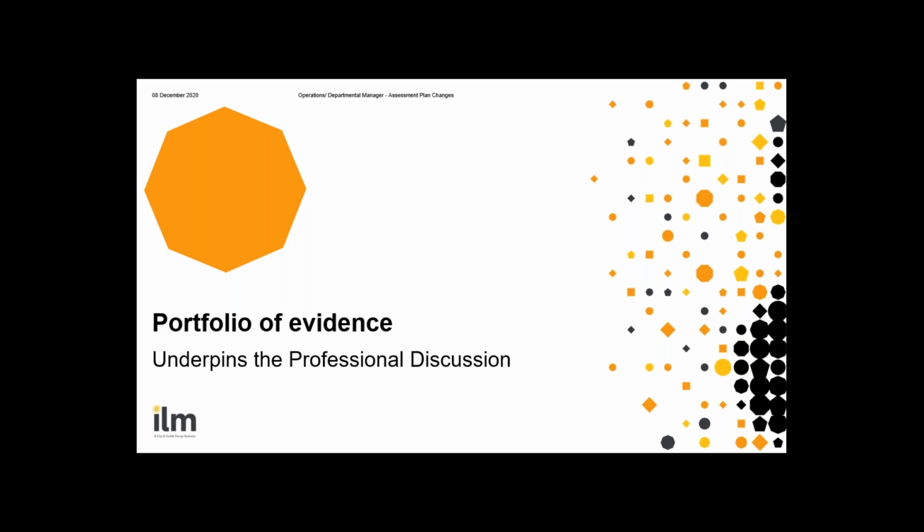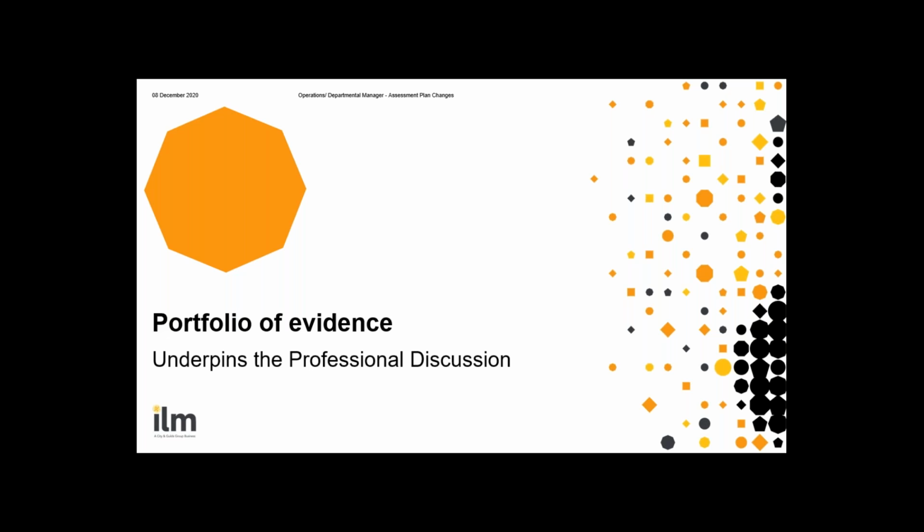And you may be wondering, why are they labouring the point here? Because it's no longer assessed. However, it underpins the professional discussion. And the better the quality of that portfolio, the better the learner can draw on those aspects of their portfolio when they're having their professional discussion.